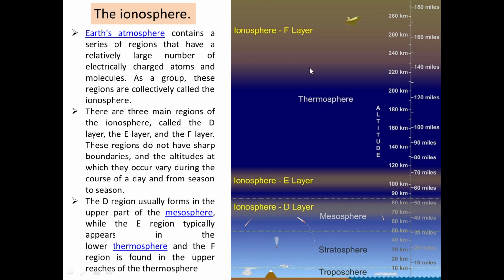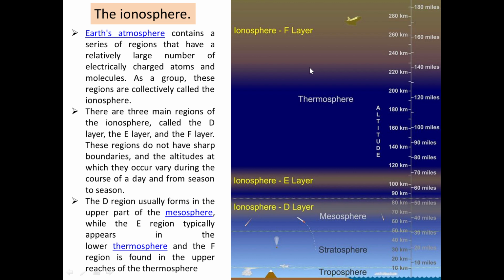The Earth's atmosphere contains a series of regions that have a relatively large number of electrically charged atoms and molecules. As a group, these regions are collectively called the ionosphere. Okay, there are three main regions of the ionosphere called the D layer, the E layer, and the F layer.